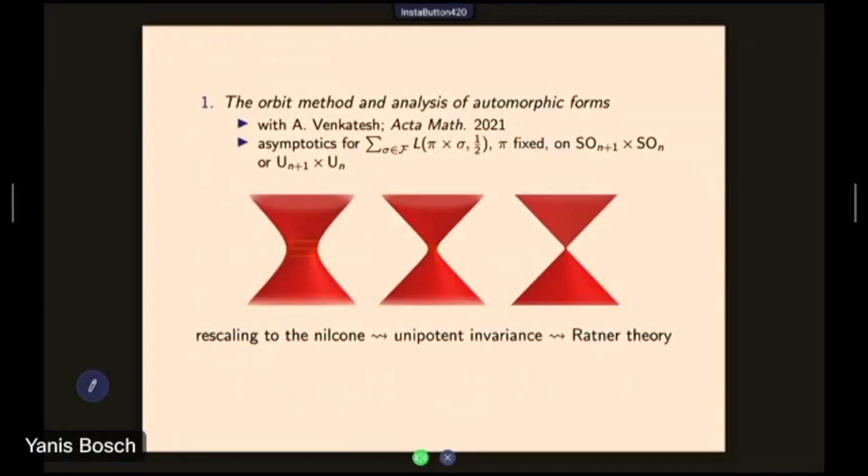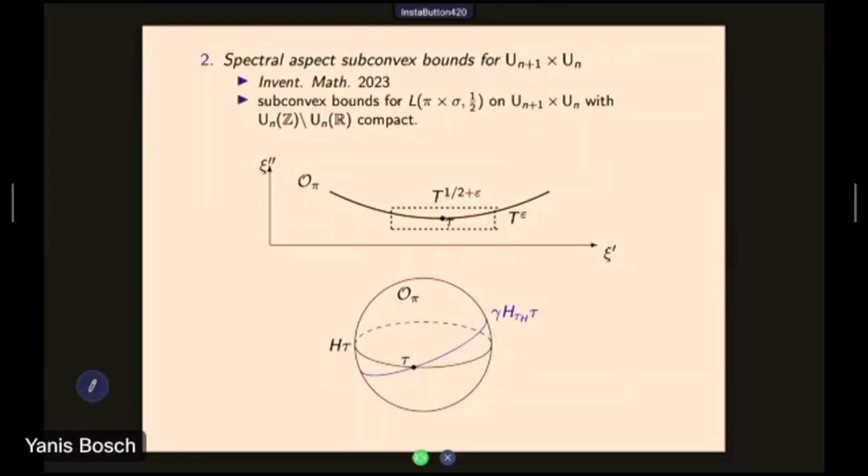And then, so I had another paper that I mentioned earlier that did some similar moment type asymptotics for co-compact unitary groups, eventually resulting in subconvex bounds, but now varying the form of the bigger group rather than the smaller group.